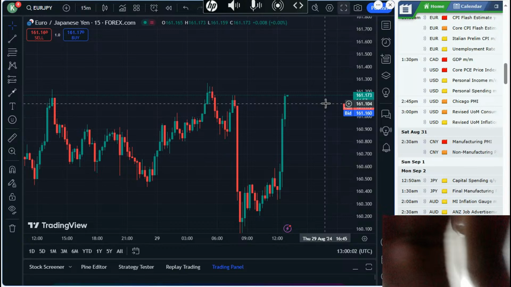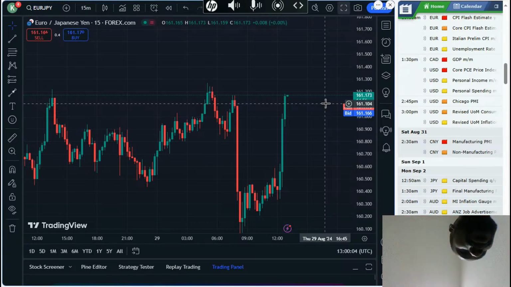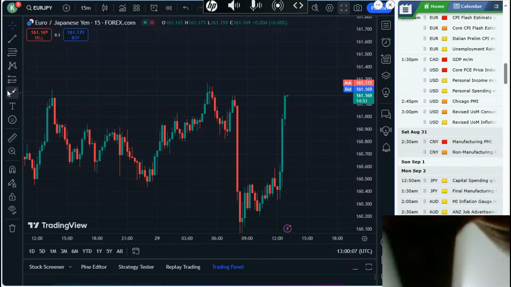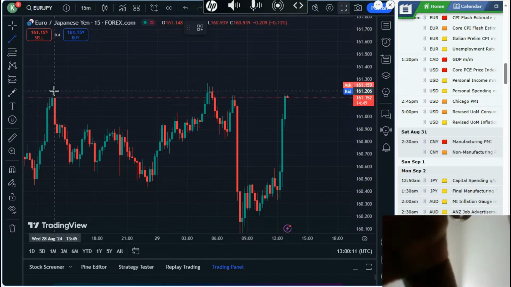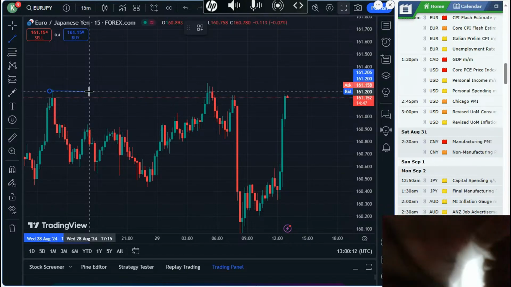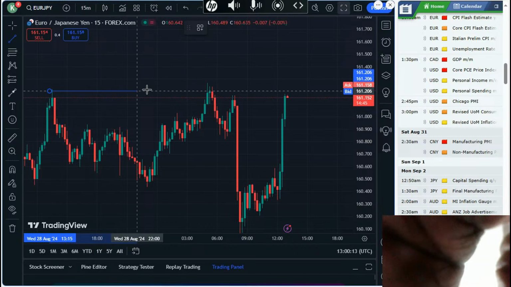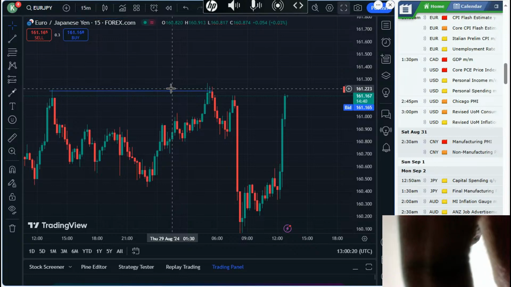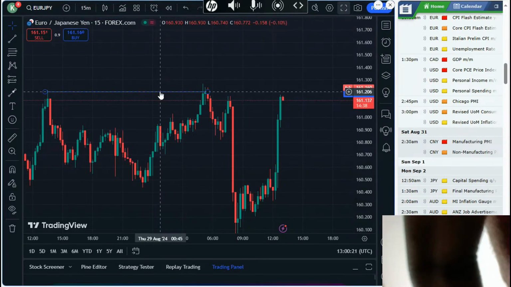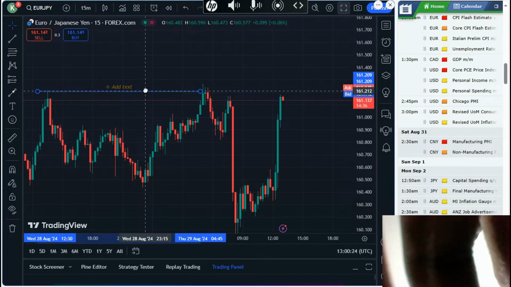I said Euro USD. Euro JPY. I am looking at an instant market execution sell, but let me see something before I actually conclude. The market looks like a sell right now, but I'm still skeptical.